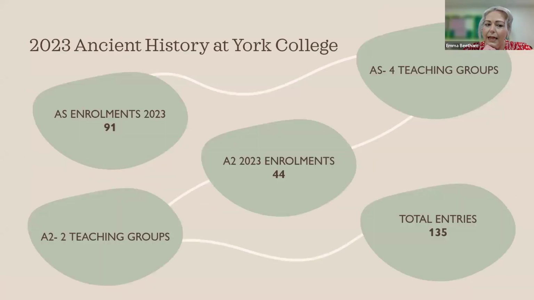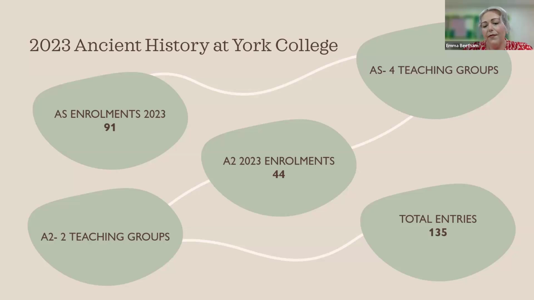Last year, our enrolments for ancient history actually surpassed the modern history enrolment. At AS last year, I had 91 people enrol onto the first year, which equated to 4 teaching groups. Those that continued on with A-level ancient history, I had 44 students, which was 2 teaching groups.